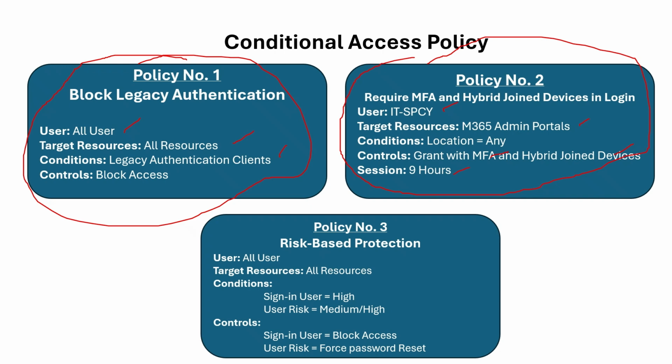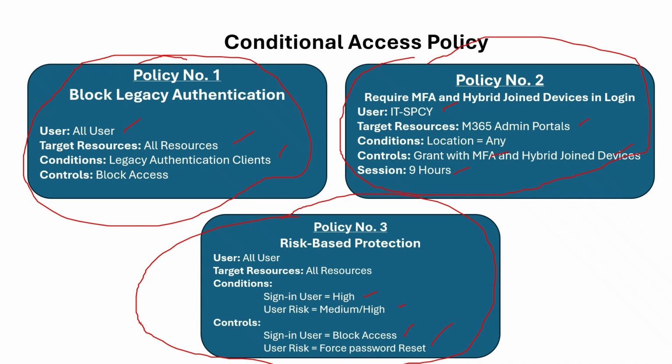So we enforce both device trust and strong authentication. And now let's go to policy number 3, which is risk-based protection. Here we leverage Microsoft risk signals. Users with high sign-in risk are immediately blocked, and users with medium or high user risk are forced to reset their password.